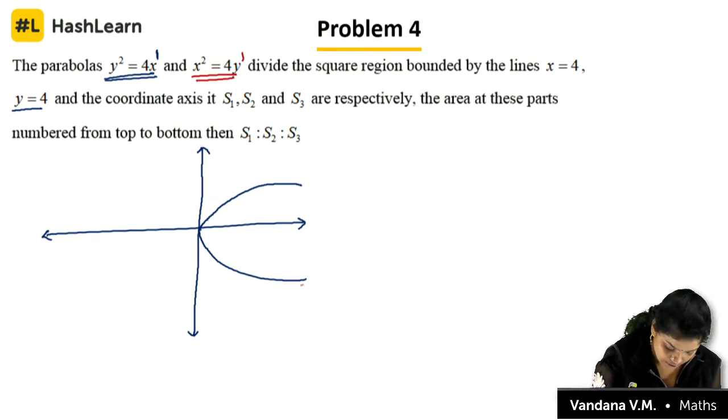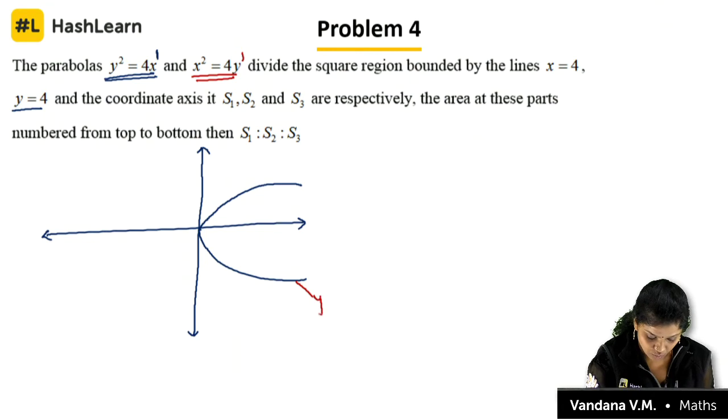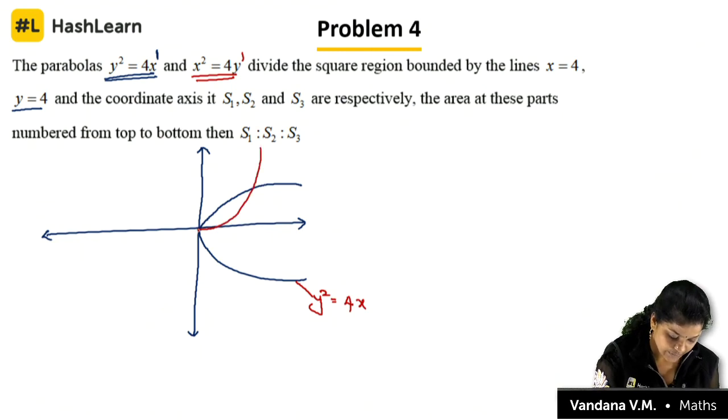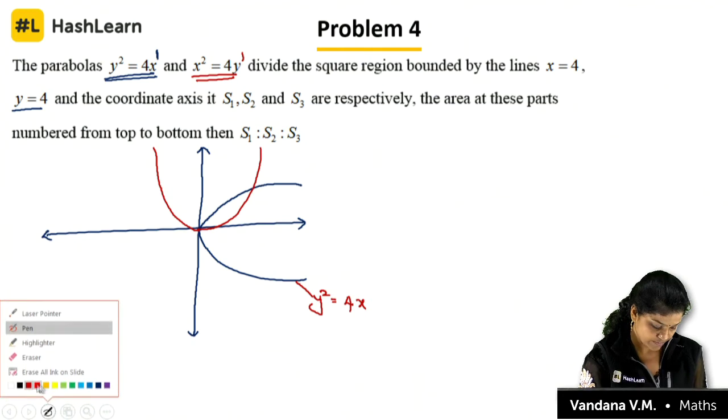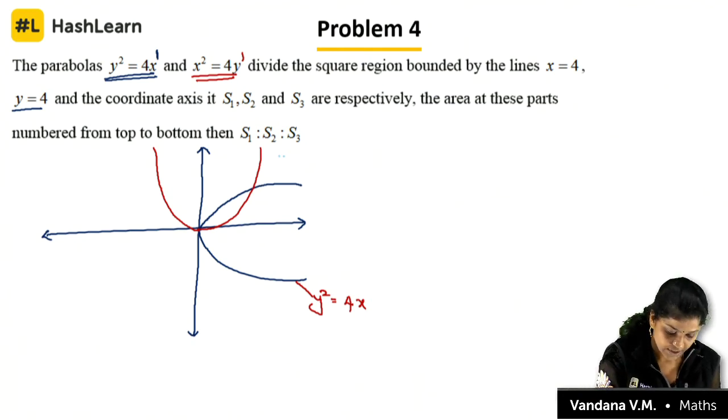So let me write the equation, y square is equal to 4x, the first one whatever we wrote. Now symmetric along the y axis. So let me write the equation x square is equal to 4y.